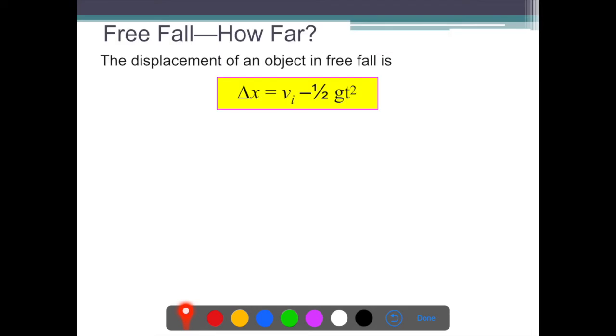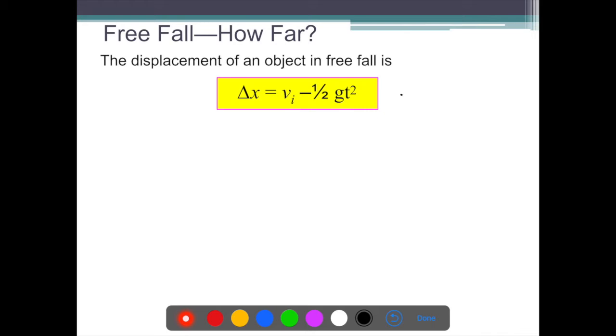Right, so how about the displacement? How far the object travels when in free fall. We can use this equation for displacement from the kinematic equations that we learned in the previous lessons, except that again the acceleration is changed to gravitational acceleration g, and the sign is changed to negative.